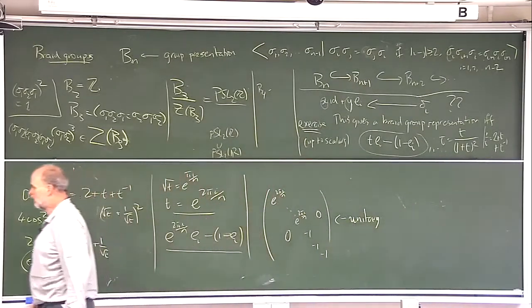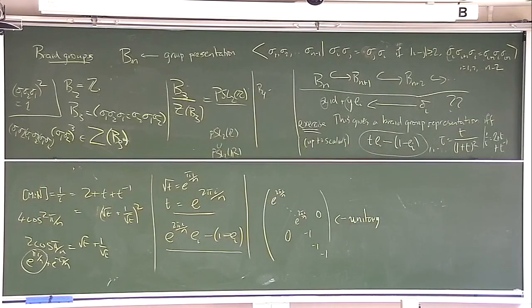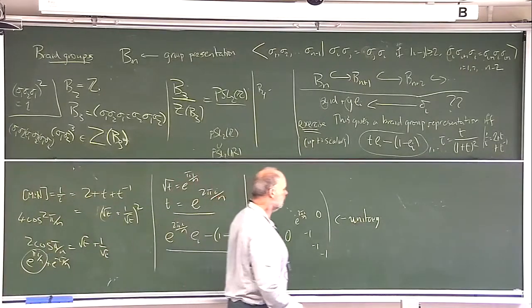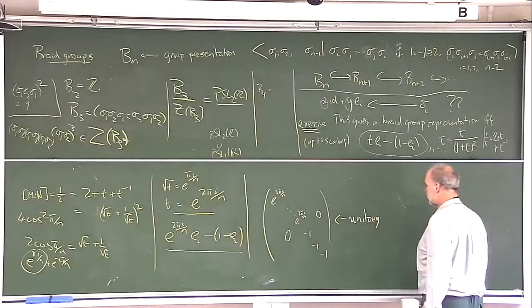So for what it's worth, what we have created here is a family of unitary finite dimensional representations of the Braid groups.